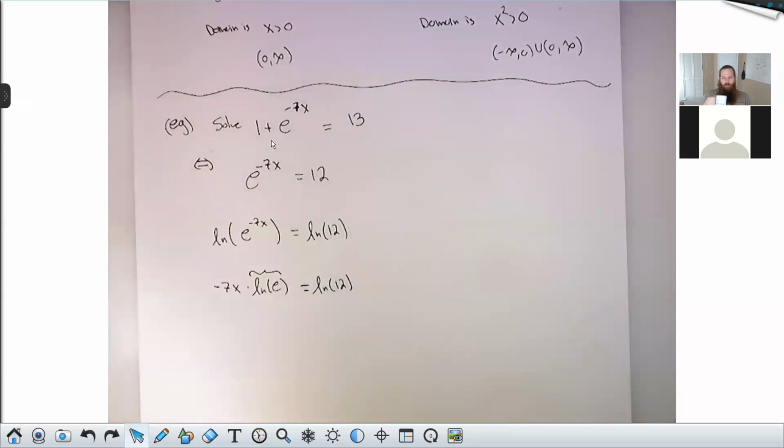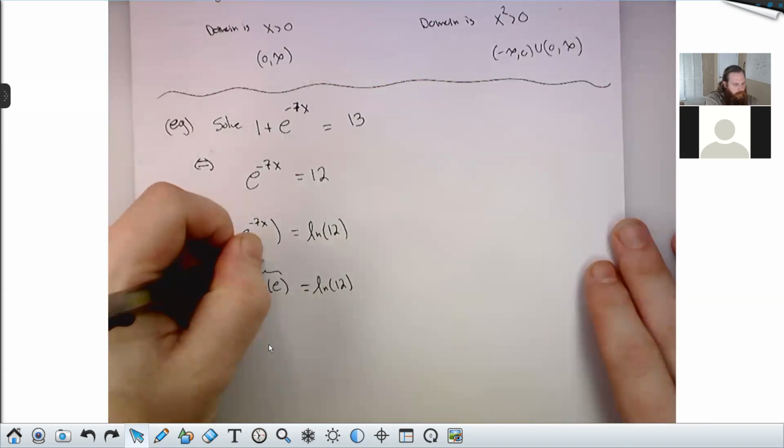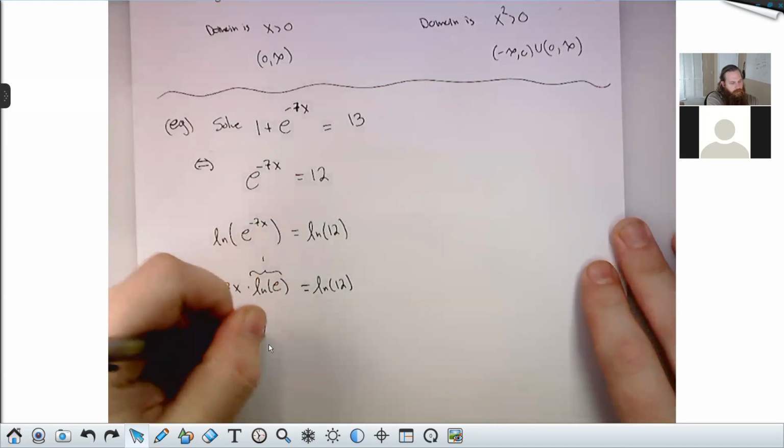What number is that? Yeah, good. It's 1. So since the natural log of e is 1, the left-hand side is just negative 7x.